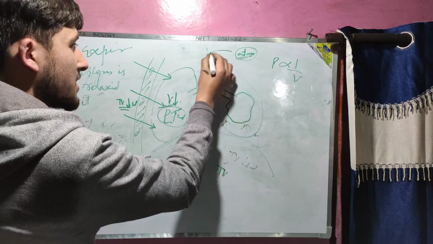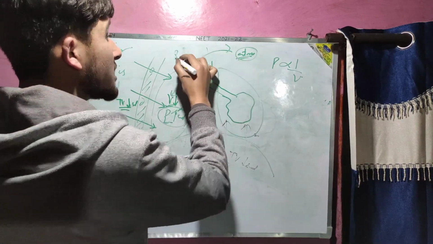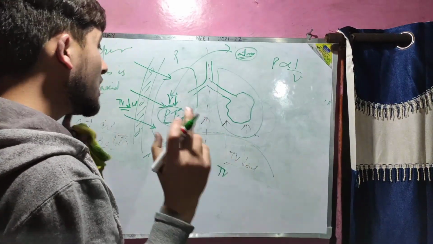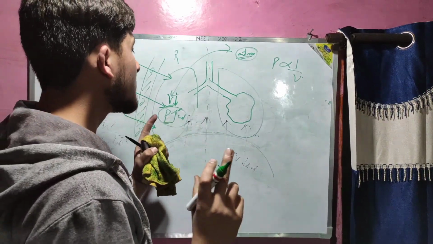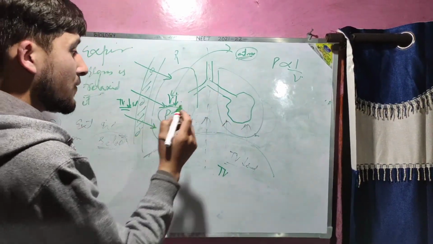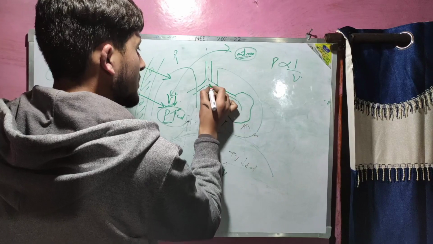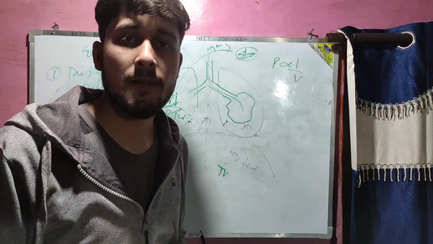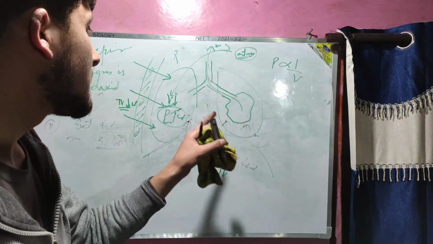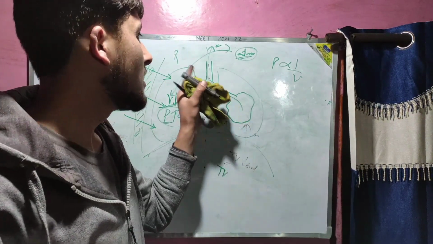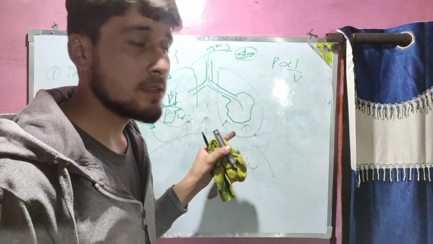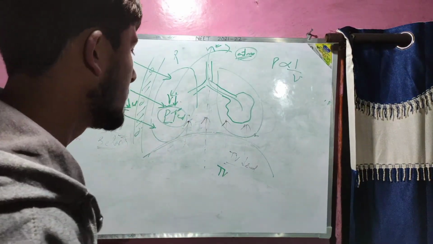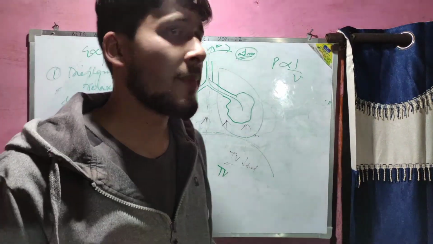Thus, in case of expiration, this pressure gradient is formed in the opposite direction, that this pressure gradient will now move the air from alveoli back into the atmosphere. This process is called expiration, and this happens with the pressure gradient that is opposite to that in case of inspiration. And that is the end of the mechanism of breathing.